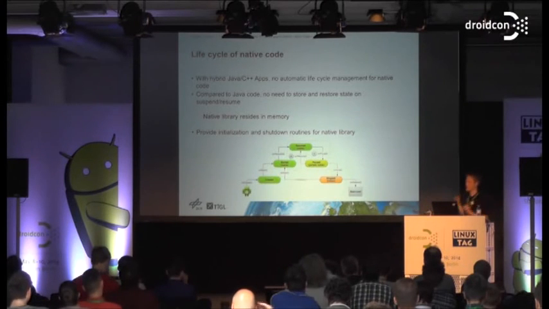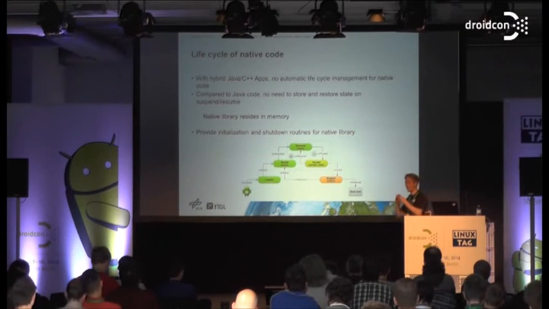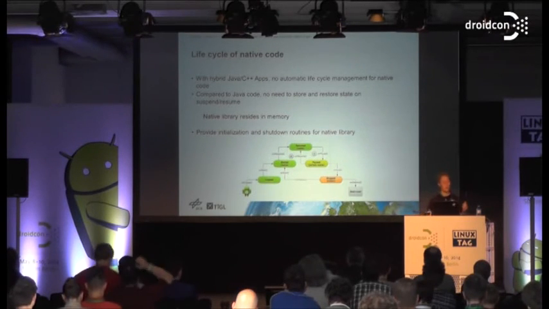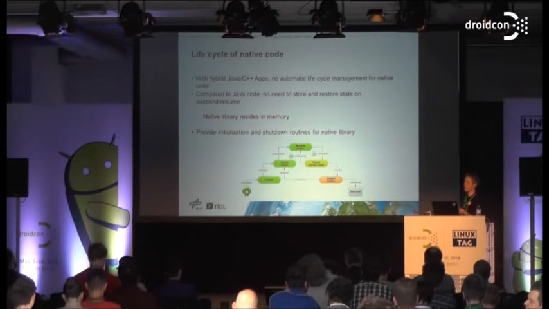These steps don't exist in native code. There are just two steps actually, not loaded and loaded. So before your library gets loaded and after, and your native library resides in memory even if you close your app. So it retains its state, and that's quite important. You have to be careful when dealing with that.